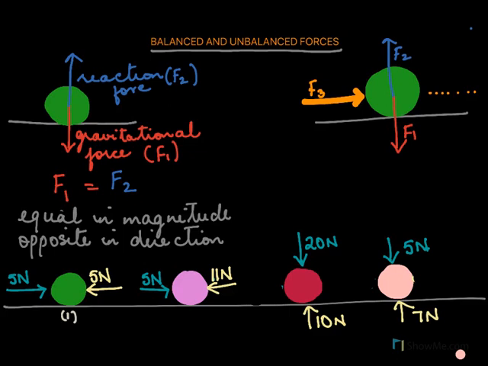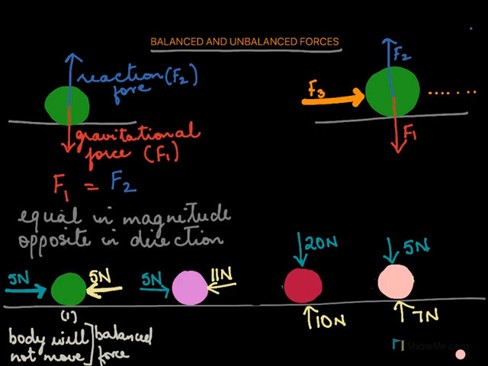Let's look at this first example. You have 5 newtons of force in one direction. In the other direction you have 5 newtons. Here the forces are equal and opposite, and hence the body will not move. The forces are balanced. We'll call these balanced forces. Now in the second example, here we have 5 newtons.